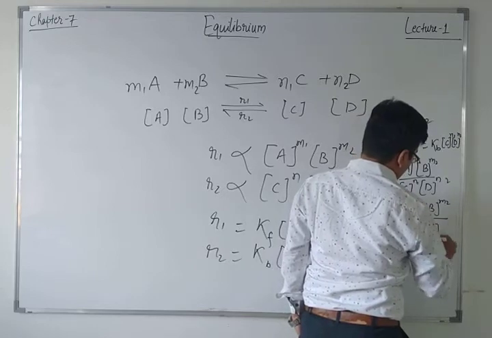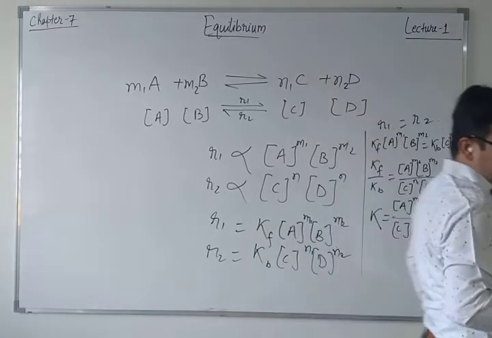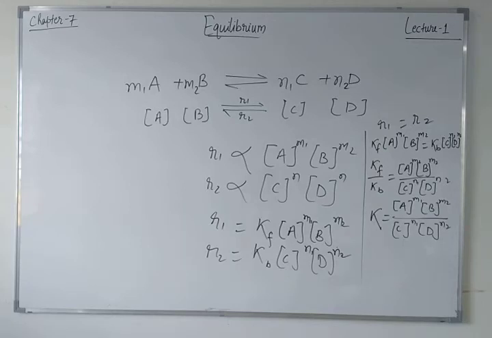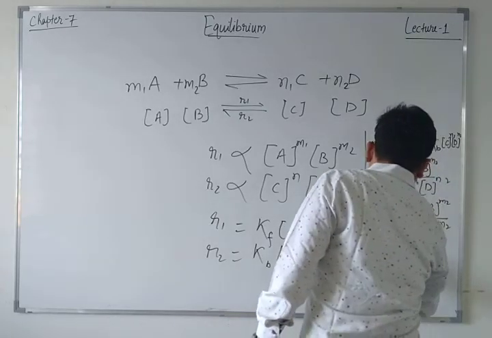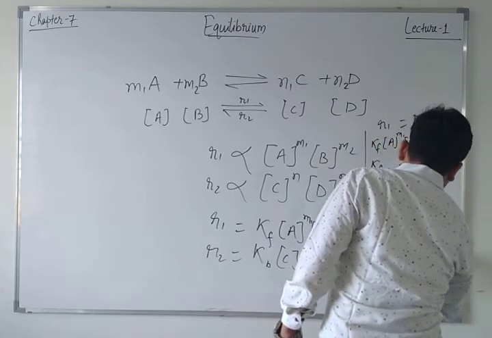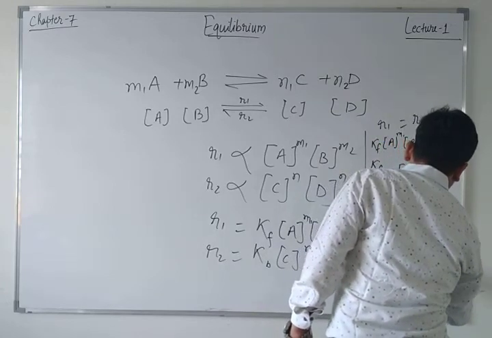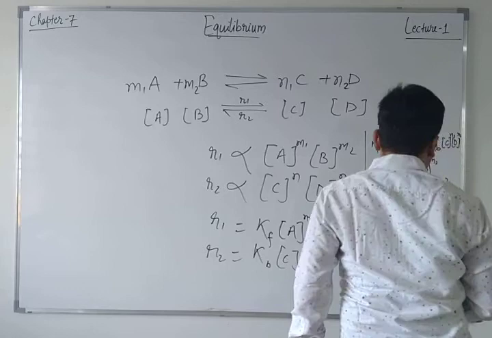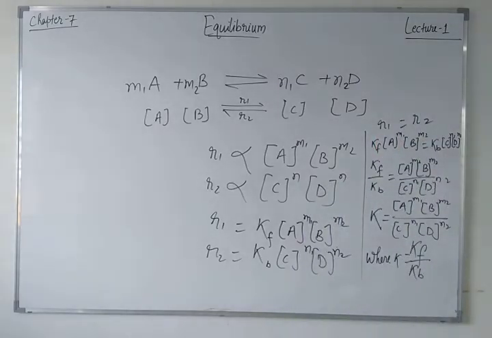Are you understanding or not? First tell me this thing. So here you can see, what is the value of K? If anybody asks you what is the value of this K, where K is Kf, the forward direction constant, upon Kb, the backward direction constant. K is known as the equilibrium constant and it has a definite value for every chemical reaction at a particular temperature.